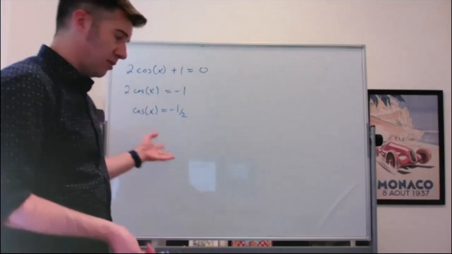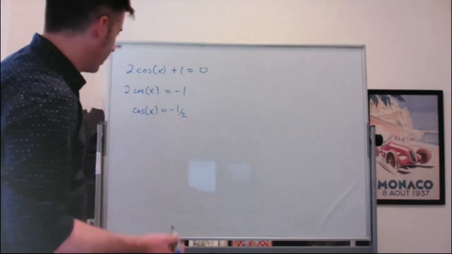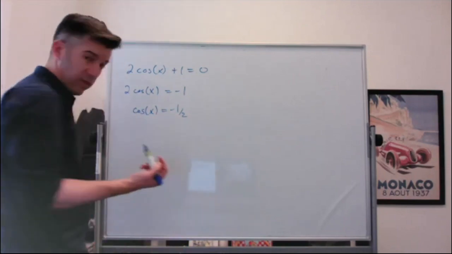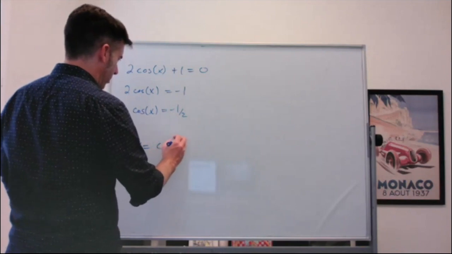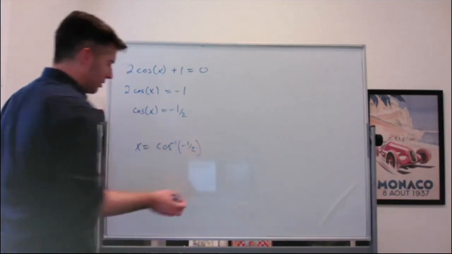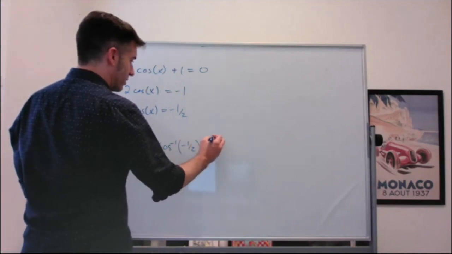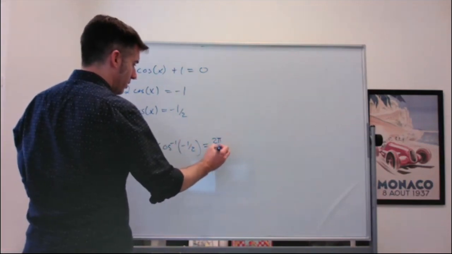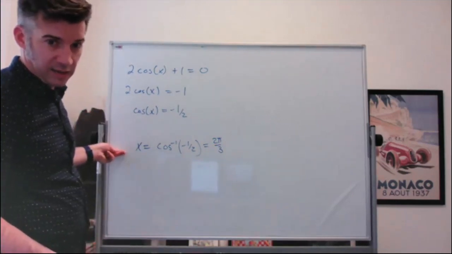So with this kind of expression, we're going to have 2 answers, right? Even though you might think x is going to equal the inverse cosine of -1/2. Well, that's not wrong. The inverse cosine of -1/2 is 2 pi over 3. This is not the same as this exactly.